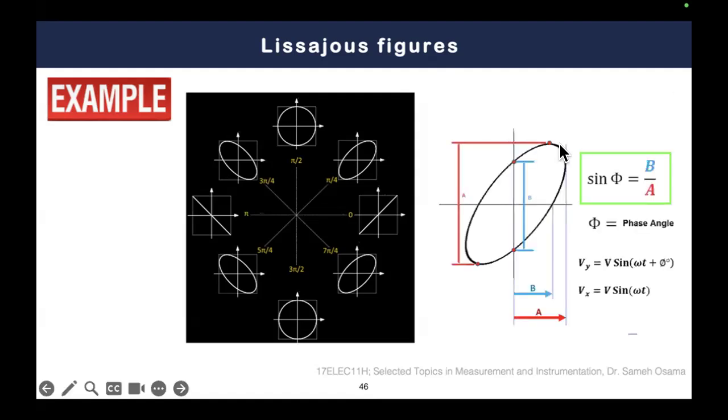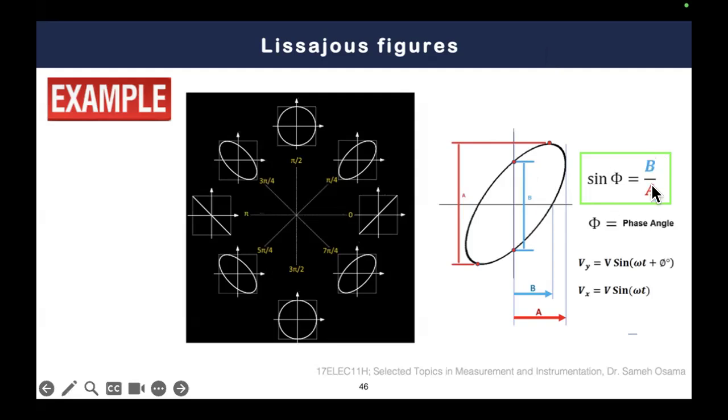This is generally for any elliptical Lissajous figure. We call this Lissajous figure. So for any elliptical Lissajous figure, you can determine the A and B ratio, with B is the intersection point with the y-axis, as you can see, this blue line, and A is the greatest diameter of the ellipse, the extreme diameter here.